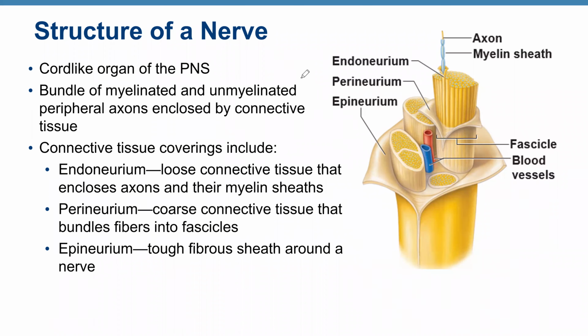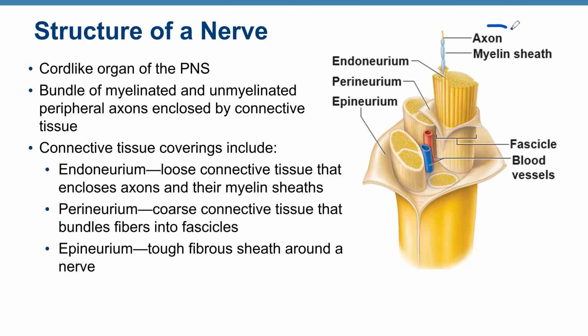It's a cord-like organ of the PNS. It's a bundle of myelinated and unmyelinated peripheral axons enclosed by connective tissue. Connective tissue coverings of a nerve include endoneurium. That's a loose connective tissue that encloses axons and their myelin sheath.